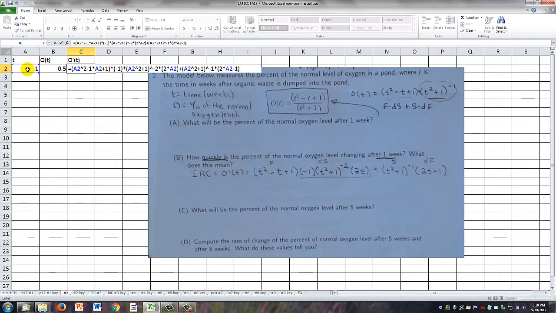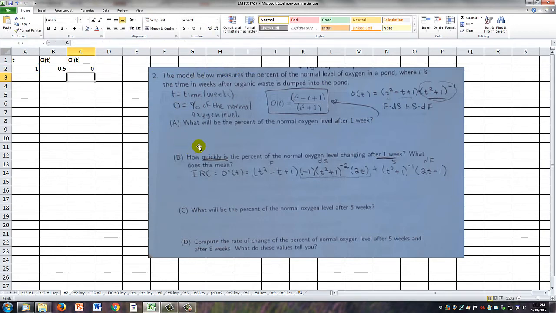So every time I've said t, I've been clicking on cell A2. Before I hit enter, I'm just going to check it. Okay, and that looks good, so I'm going to hit enter.